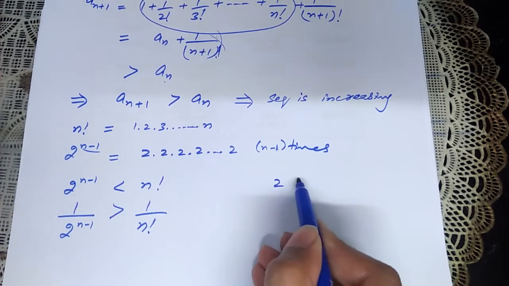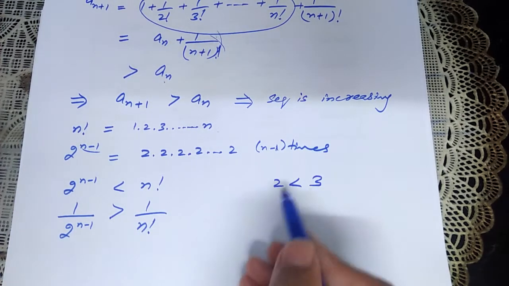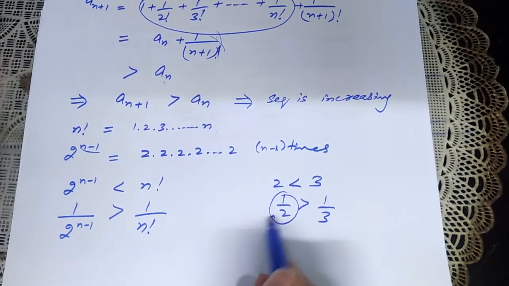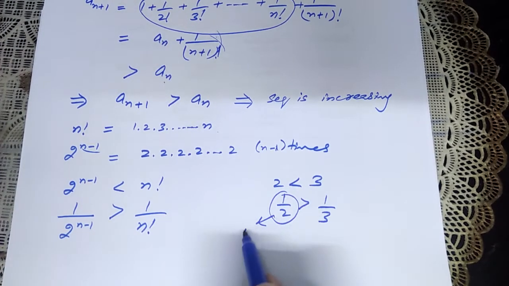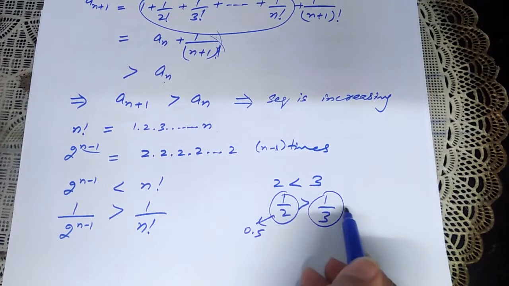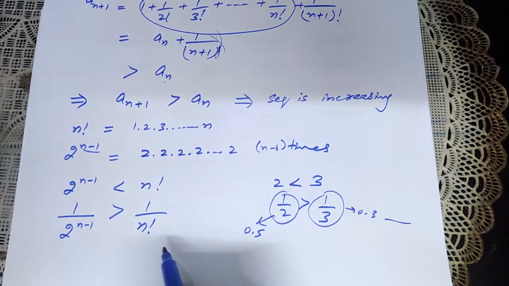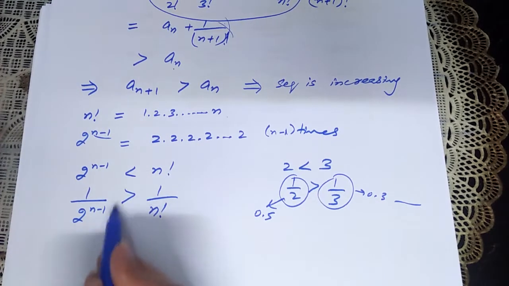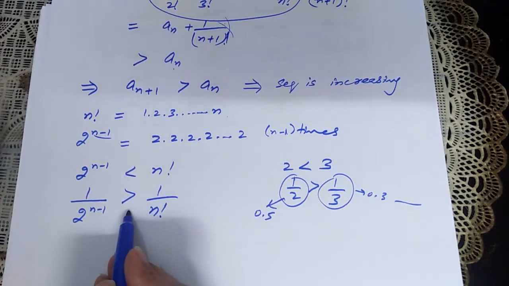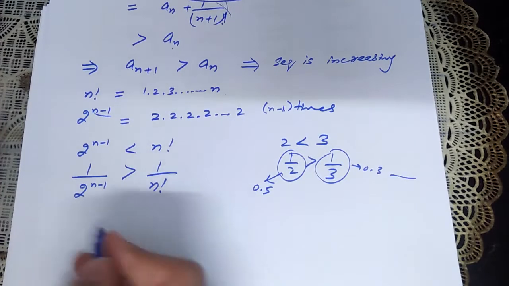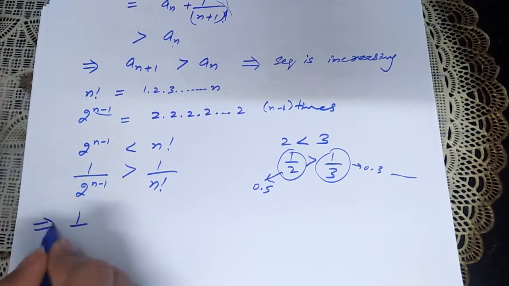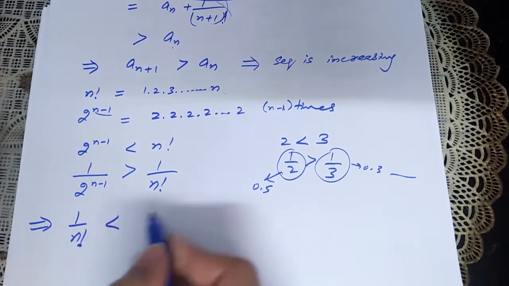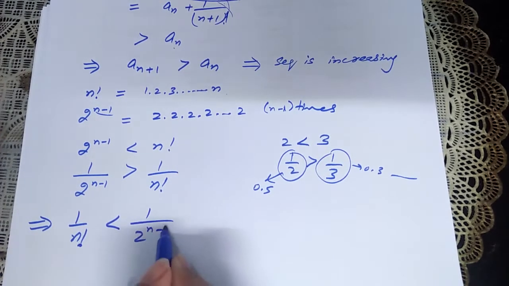You see, if 2 is less than 3, then 1 over 2 will be greater than 1 over 3, because 1 over 2 is 0.5, and 1 over 3 is 0.3 or something like that. So after taking the reciprocal, my inequality is changed here. So we get that 1 over n factorial is less than 1 over 2 raised to power n minus 1.